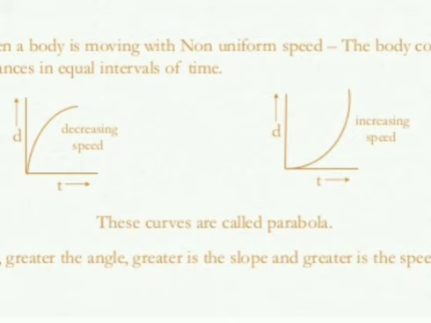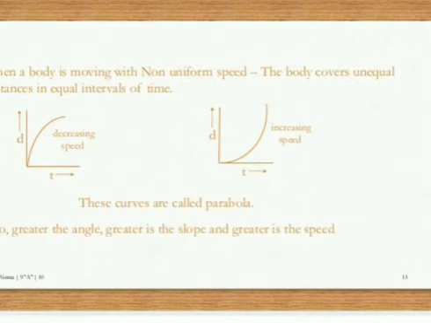And in the second we can see increasing speed. These curves are called parabolas, and the greater the angle, the greater will be the slope, and the greater is the speed covered. So I think up to here everything is clear to you.